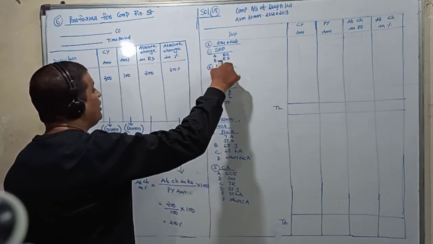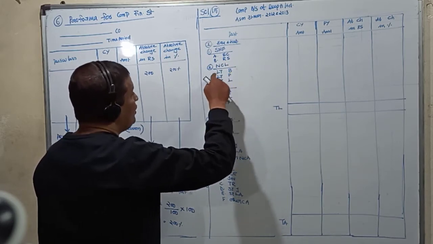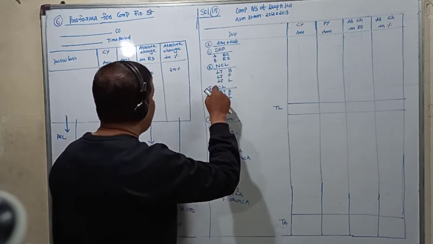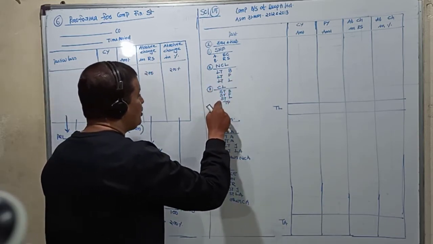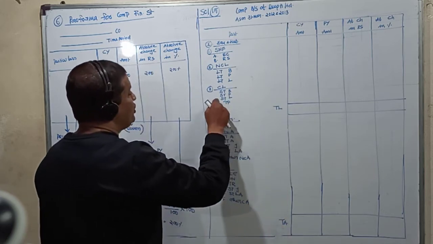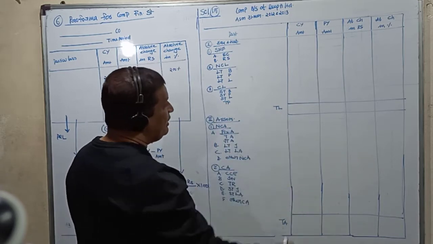The second is non-current liability: long-term borrowings, long-term provisions, long-term liabilities. Then we have current liabilities: short-term borrowings, short-term provisions, short-term liabilities, and trade payables. This gives us the total liability.